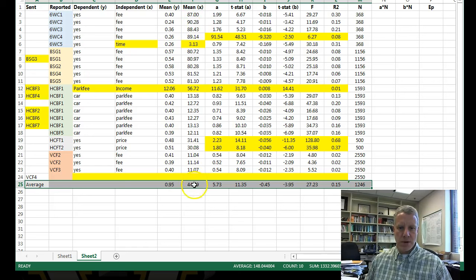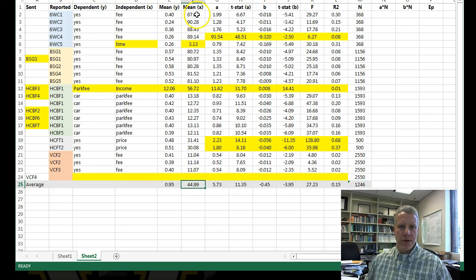Okay, so what I've done down in this last row is computed the average for all of the results. So this is the average of F2 to F23, and the average is 44.99. So that's pretty high. Yeah, so because of a couple numbers in here, that average is not correct.